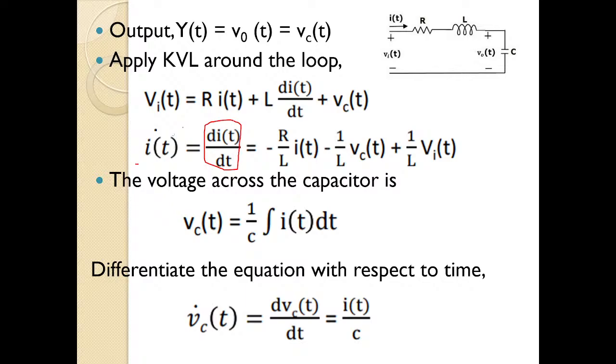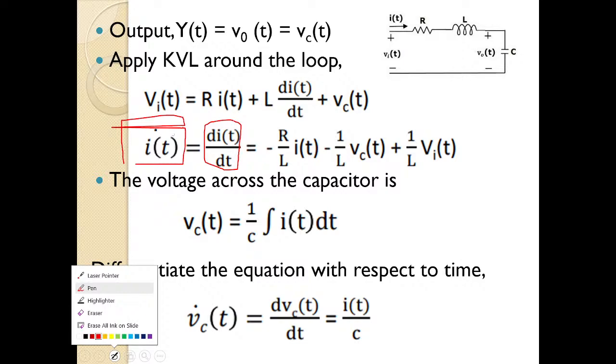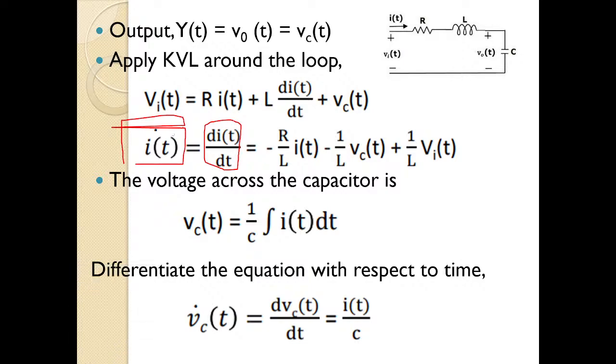I dot of t is nothing but d by dt of I of t. So you will get d by dt of I of t from the above equation. So what is it?